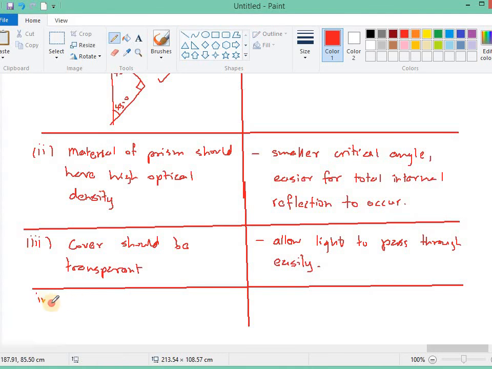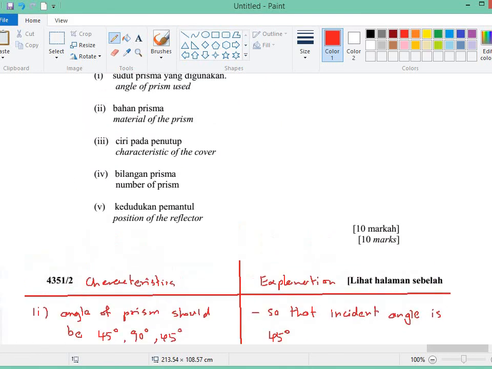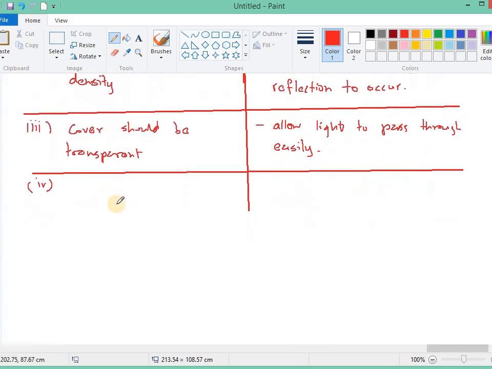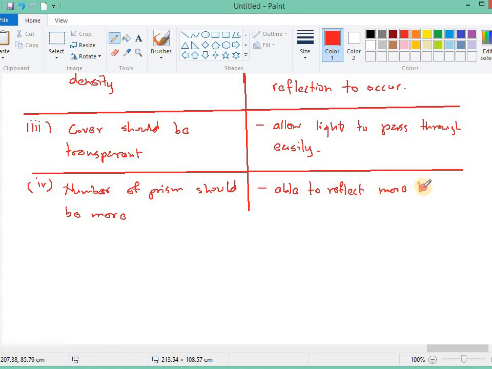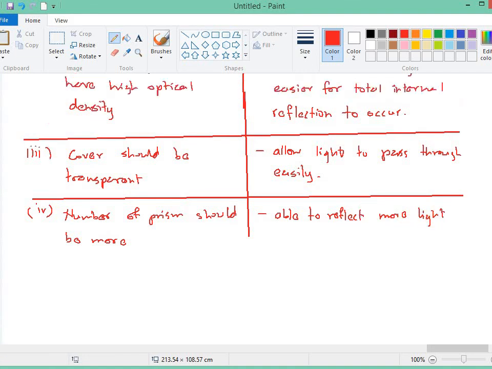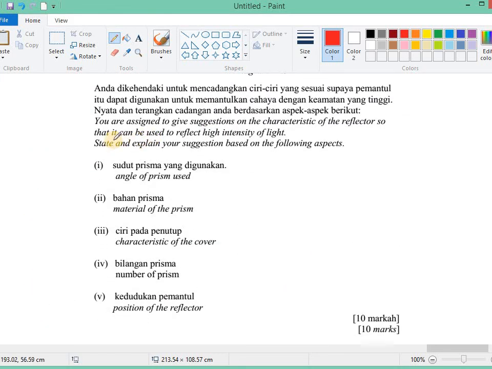Okay, the fourth one, number of prism. Number of prism should be more, able to reflect more light. Wait, let me check the question. Reflect high intensity of light.